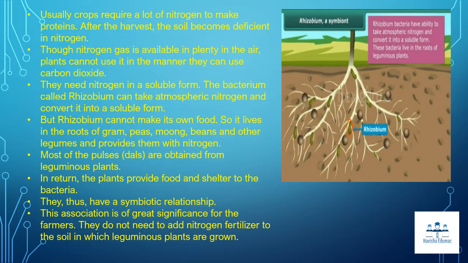Most of the pulses are obtained from leguminous plants. In return, the plant provides food and shelter to the bacteria. They thus have a symbiotic relationship. This association is of great significance for the farmers. They do not need to add nitrogen fertilizer to the soil.